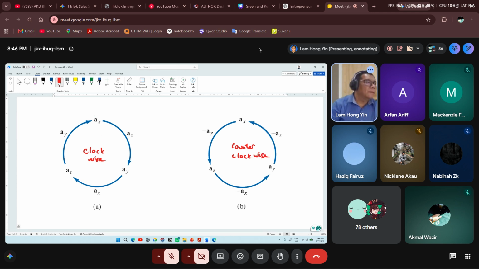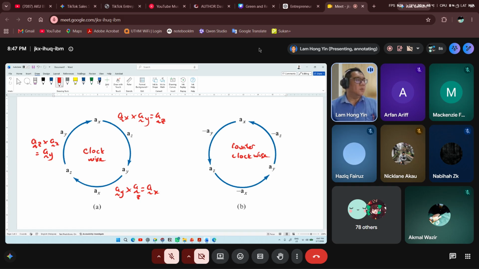For example, AX cross multiply with AY, the direction will be AZ, right? Same as well for AY cross with AZ, the direction will be AX. And the same thing, AZ cross with AX, the direction will be AY, right?